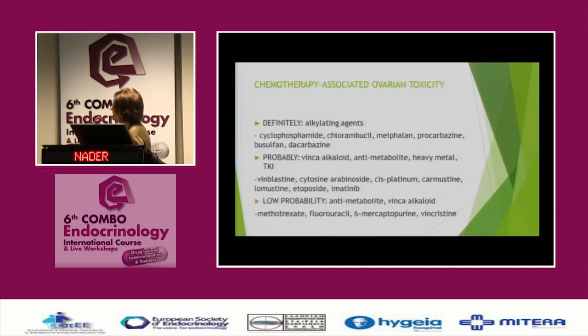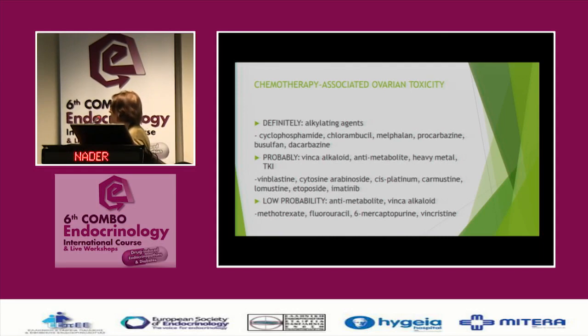And the alkylating and other chemotherapeutic agents have been divided into groups that definitely, probably, or unlikely have an effect on the ovary. Of course, we know that cyclophosphamide, chlorambucil, melphalan, procarbazine, busulfan, dacarbazine, these are the ones that quite definitely affect the ovary.